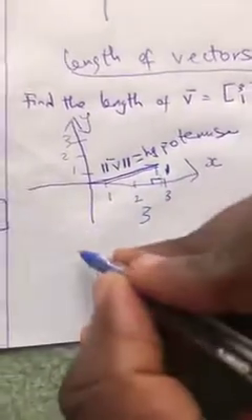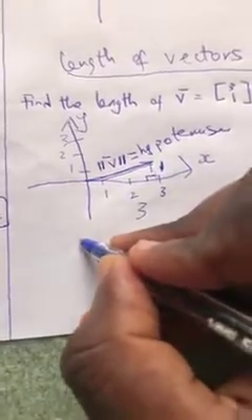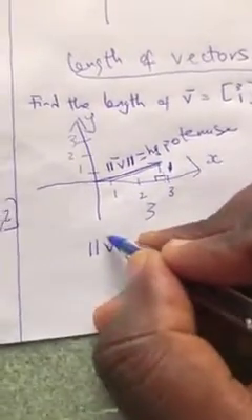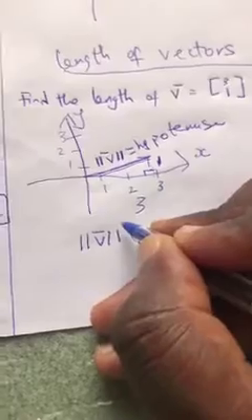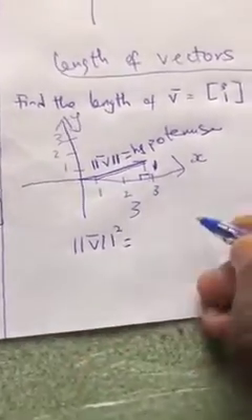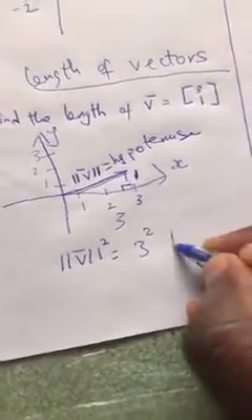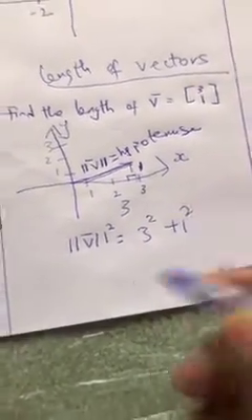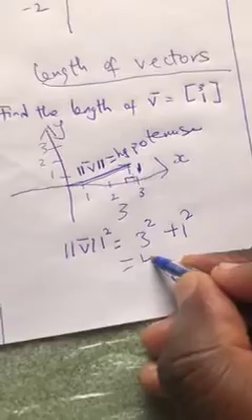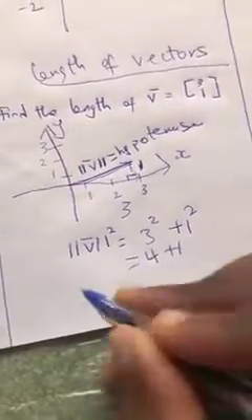And from Pythagoras theorem, the square of our length will be equal to 3 squared plus 1 squared.